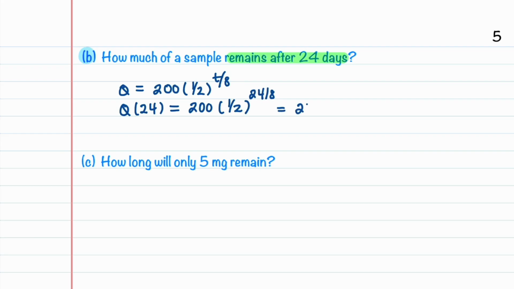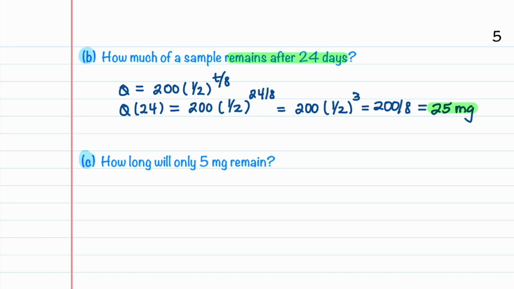So this is 200 times 1/2 cubed. So this is just 200 over 8, and that is equal to 25 milligrams because our iodine had a unit of milligrams. So we now know that after 24 days, we have 25 milligrams of iodine 131.